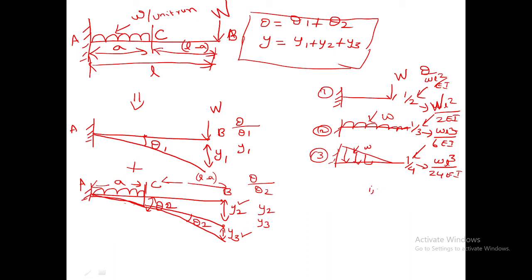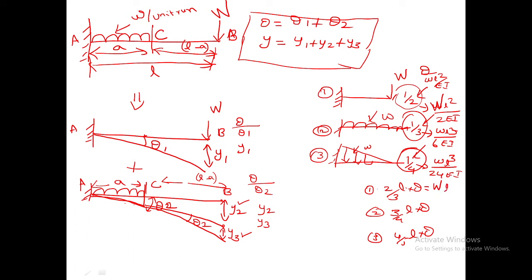For the first case, the slope completes at 1 by 2, so the deflection is 2 by 3 L into theta. The second completes at 1 by 3, so 3 by 4 L into theta. The third completes at 1 by 4, so 4 by 5 L into theta. You get W L cube by 3 EI. Next is small w L power 4 divided by 8 EI.